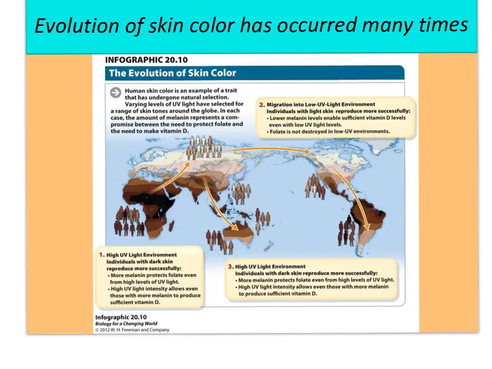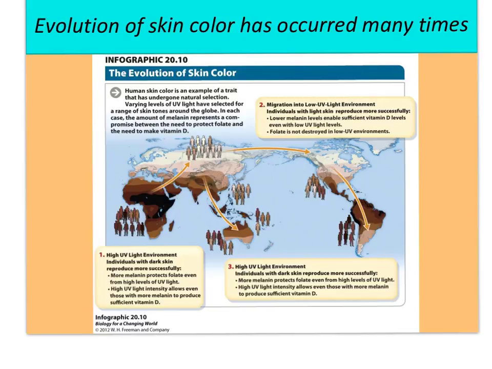Skin color has evolved many different times. Most of our African ancestors had darker skin. As human populations moved into Eurasia, into the higher latitudes, there was strong selection for lighter skin.